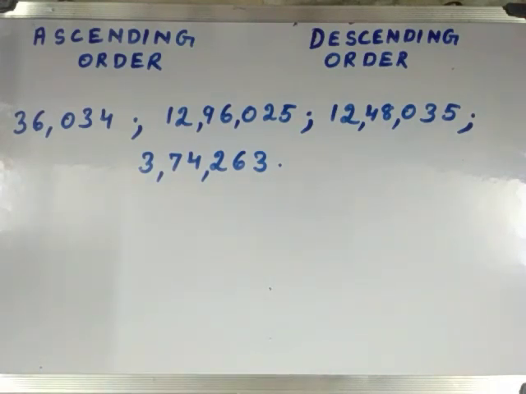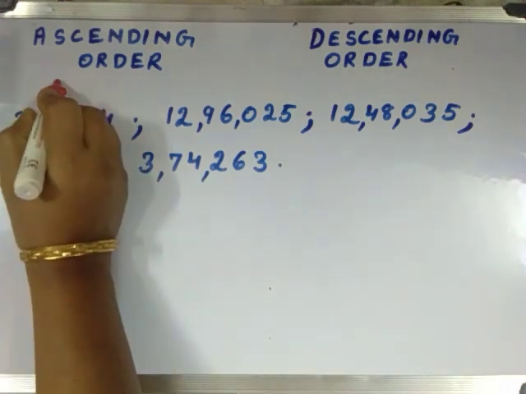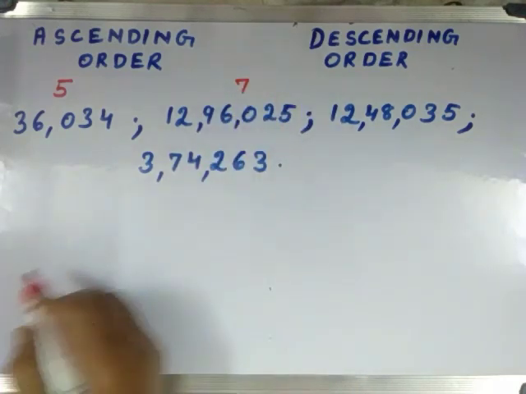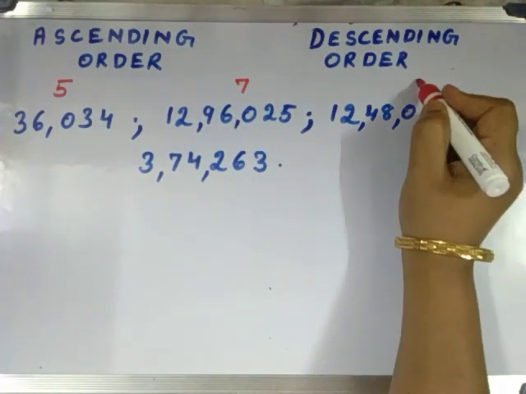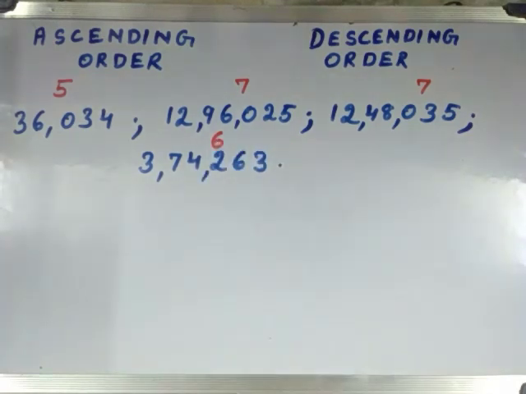Now to arrange in decreasing order, we have to first find out how many digits are there in each number. Now this first number has 5 digits, the next number has 7, and the next number has 7, and the next number has 6.